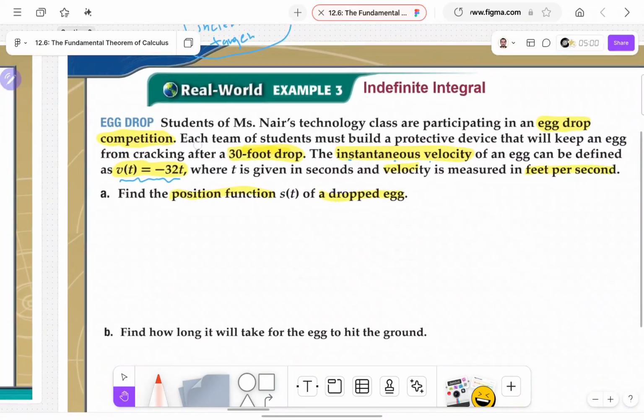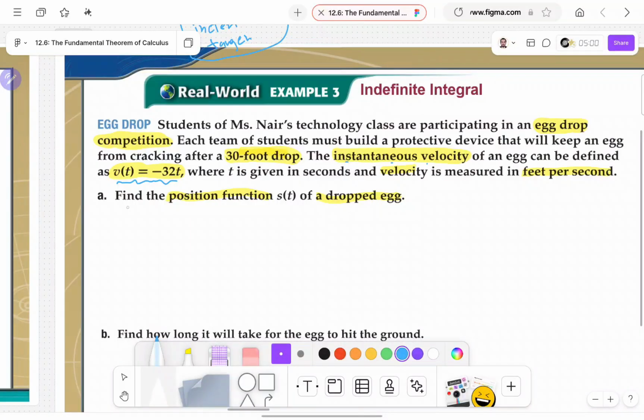Okay, so I now have the derivative equation, which is v of t equals negative 32t. Now if I need to find the antiderivative, the integration of negative 32t dt. Let's find it. Negative 32t to the power of 1 plus 1 over 1 plus 1, plus c, don't forget plus c, equals negative 32t to the power of 2 over 2 plus c.